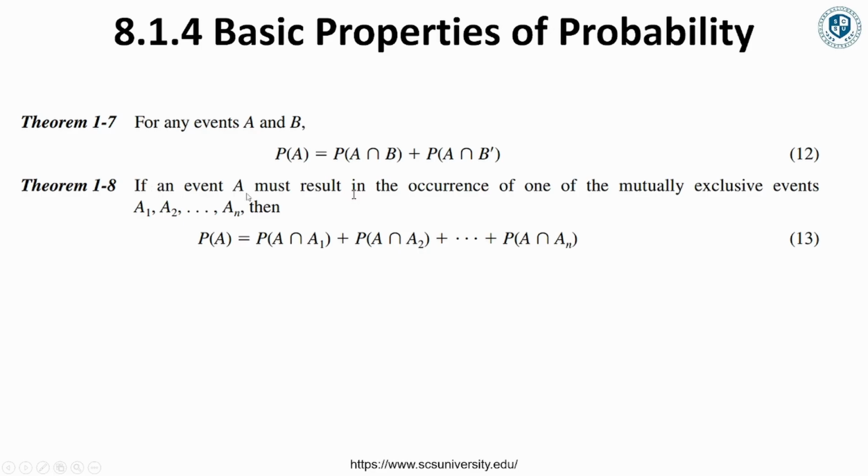If an event A must result in the occurrence of one of the mutually exclusive events A1, A2, A3, others, until AN, then probability of A equals probability of A intersection with A1 plus probability of A intersection with A2 plus others until probability of A intersection with AN. In the following slides, students will learn how to calculate the probability by using these properties.